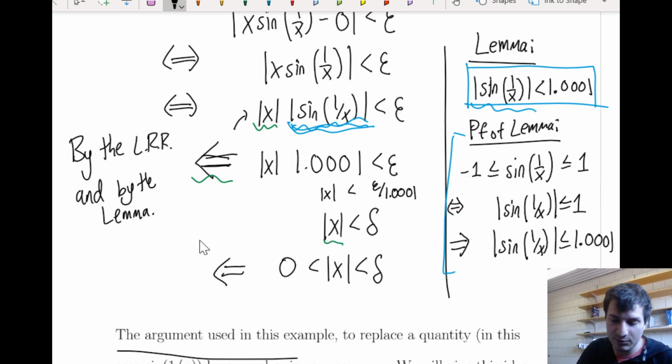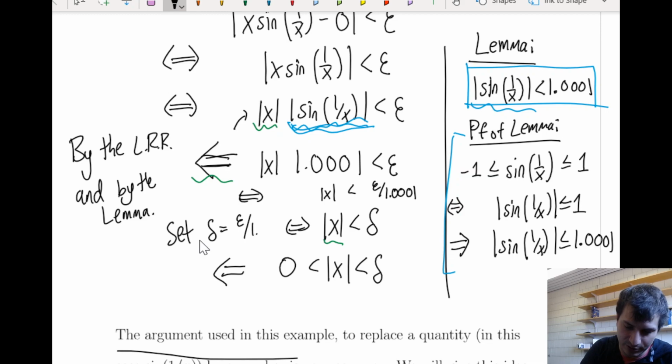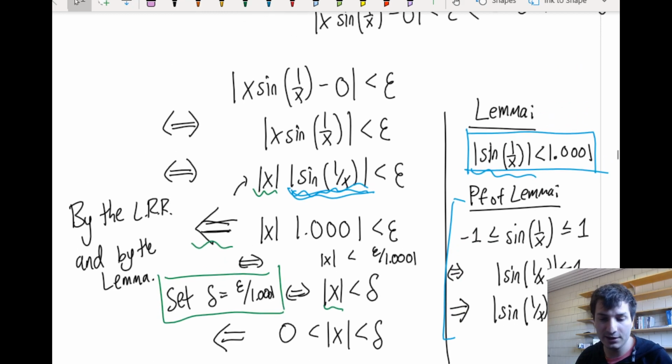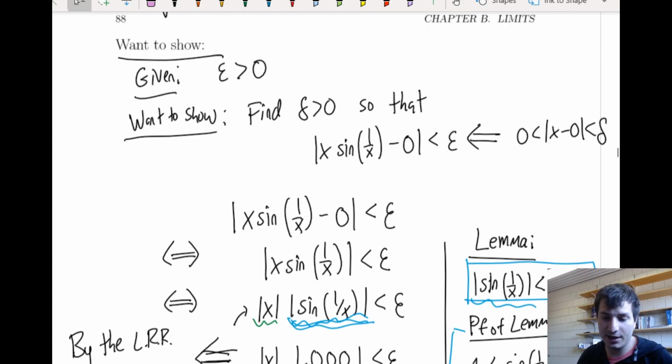And now I can see what I have to do. Let's set delta to be epsilon divided by 1.0001. And then the absolute value of x will be less than delta, and that happens whenever the absolute value of x is between 0 and delta. So with this setting of delta equals epsilon divided by 1.0001, we've logically connected the hypothesis and the conclusion in the right way. And so we are good.